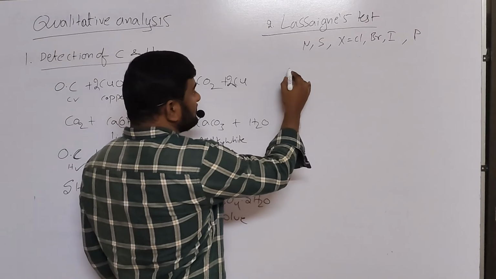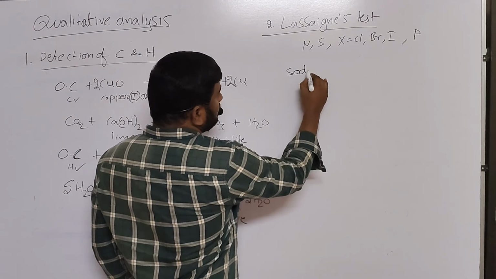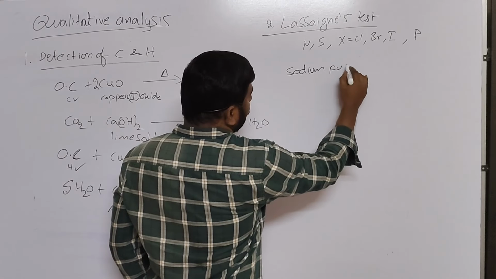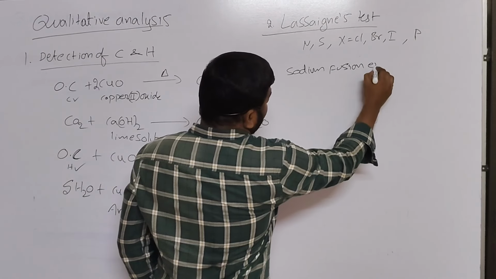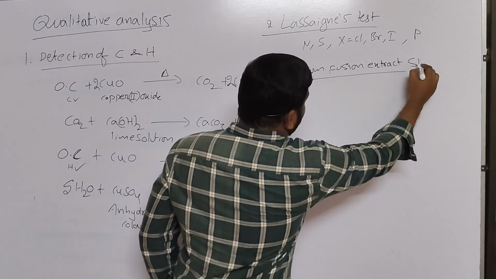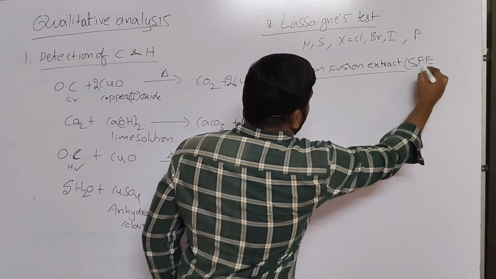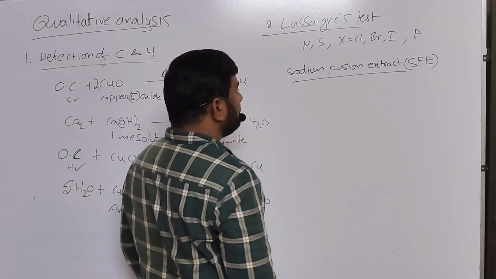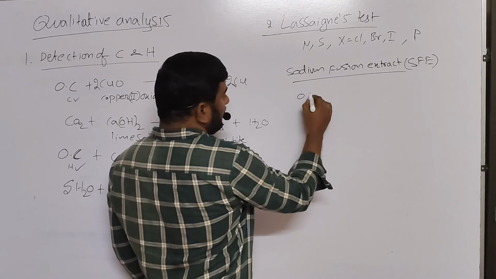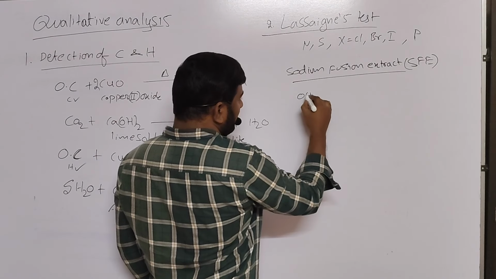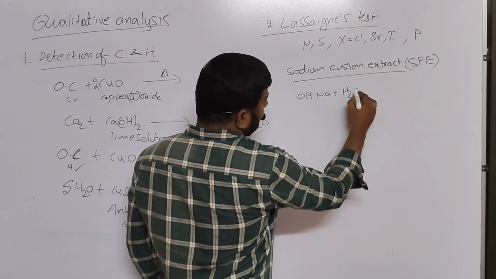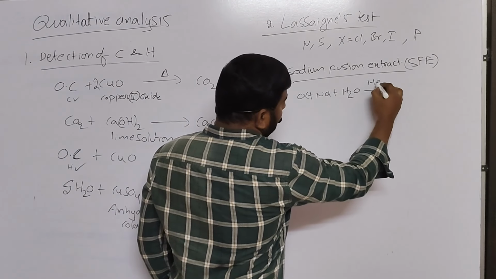In this Lassaigne test, we have to prepare sodium fusion extract, simply SFE. What is SFE? Sodium fusion extract. How can we prepare it? Organic compound plus sodium metal plus water, and heat.